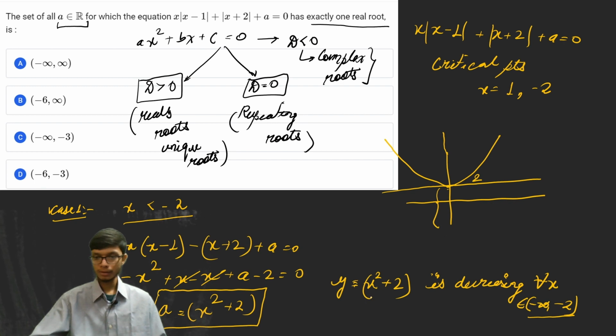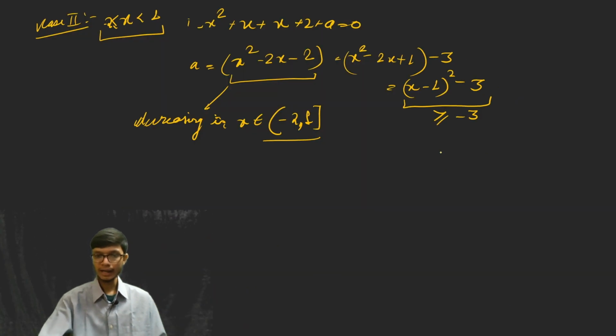But I am talking about decreasing in the sense that when you approach from minus infinity to minus 2, the values are getting decreased. You can see the value is decreasing for this particular interval. That means this function x square minus 2x minus 2 is decreasing in this interval.